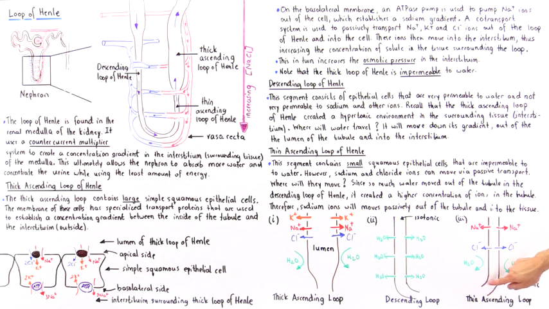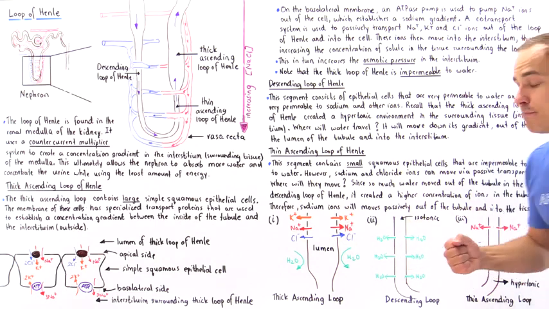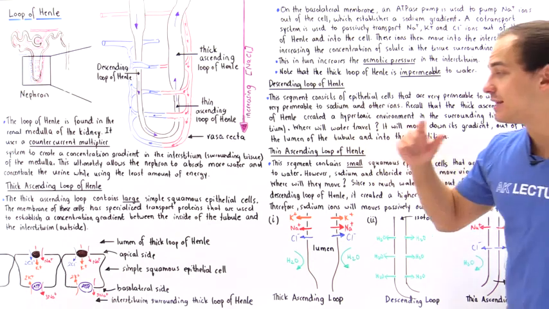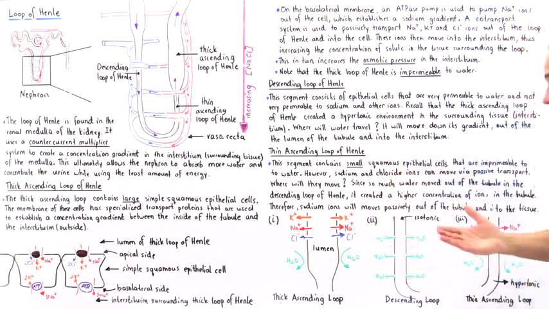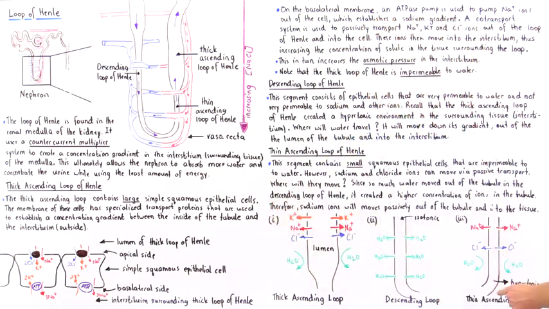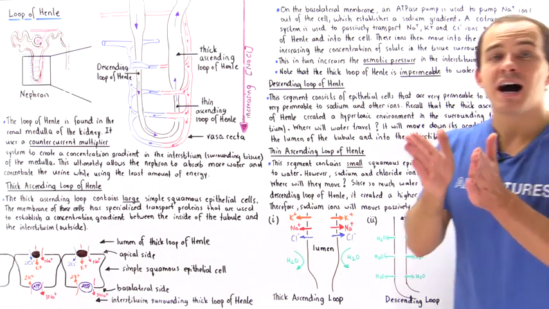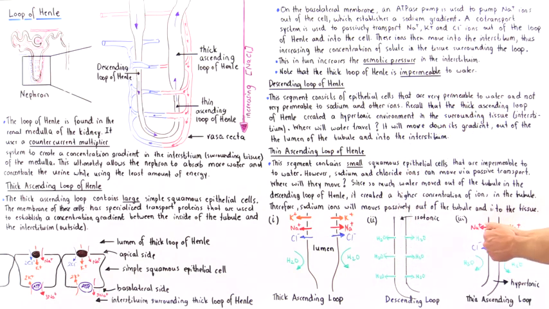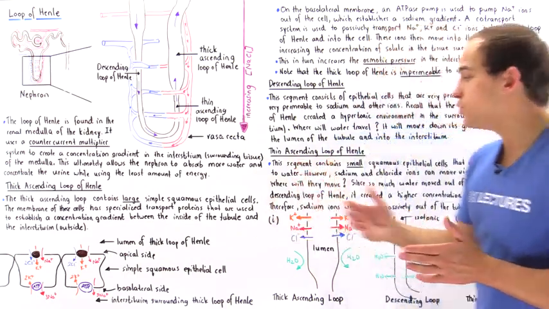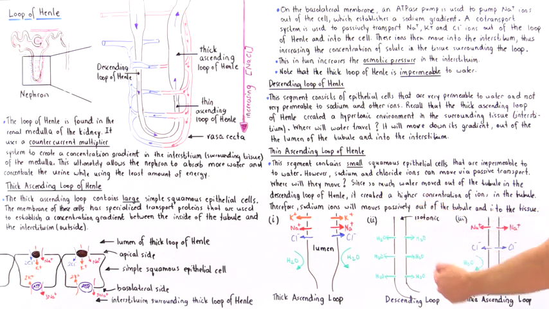We have a high concentration of sodium and chloride, and because the cells within our thin ascending loop of Henle allow the movement of sodium and chloride passively, these ions will move down their electrochemical gradient from a hypertonic environment, where we have a high concentration of solute, to where we have a lower concentration. So within the thin ascending loop of Henle, the chloride and sodium ions will once again move passively, without using any energy, to the interstitium.